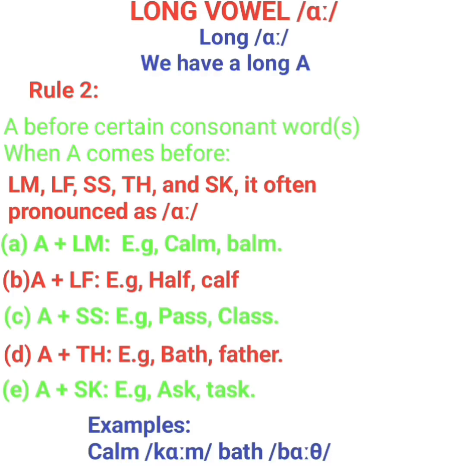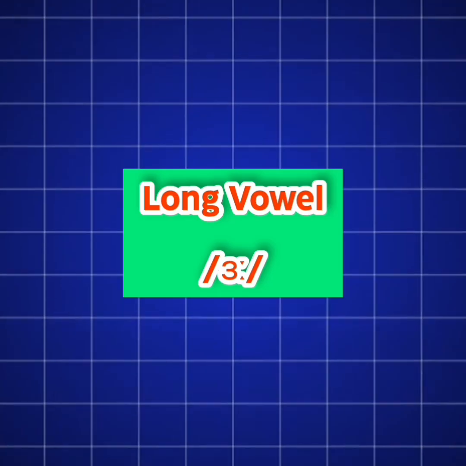So for instance, have you seen that in calm, C-A-L-M, after the A we have L and M, so that A will be long. The same thing is applicable to balm, halve, carve, pass, class, bath, father, ask, task, and so on.